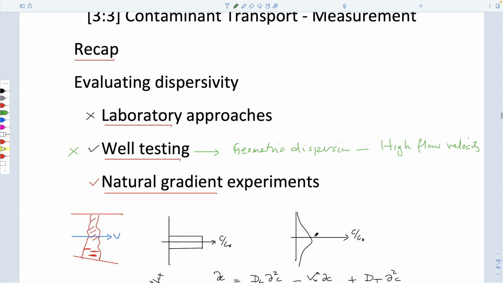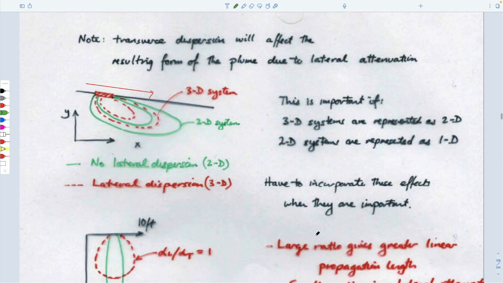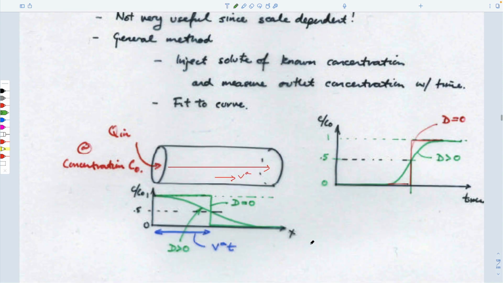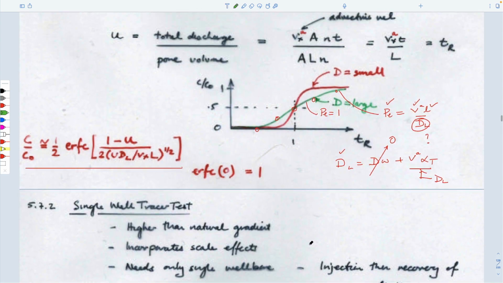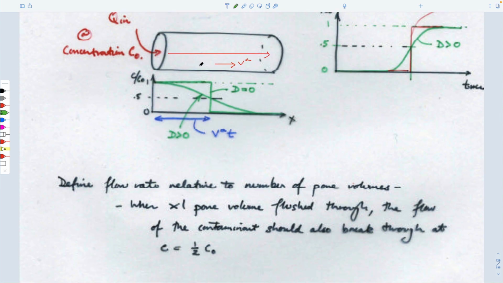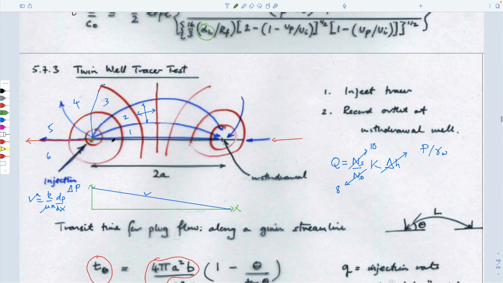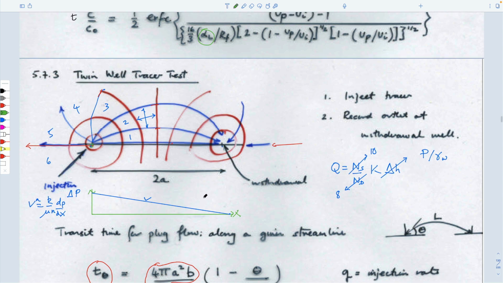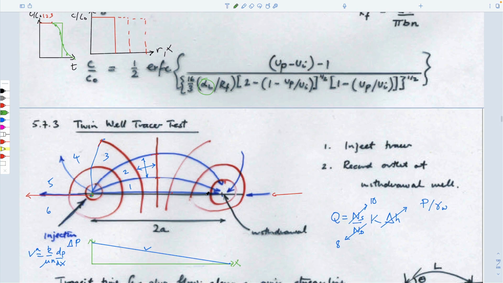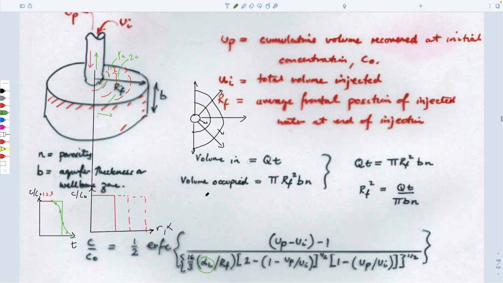And so for the huff and puff experiment, where you inject water in and suck it back out, and actually for this one as well, in the lab, and for the case where you set up this artificial pressure gradient, then you're setting up a much bigger flow gradient than is present naturally in a natural gradient flow test.